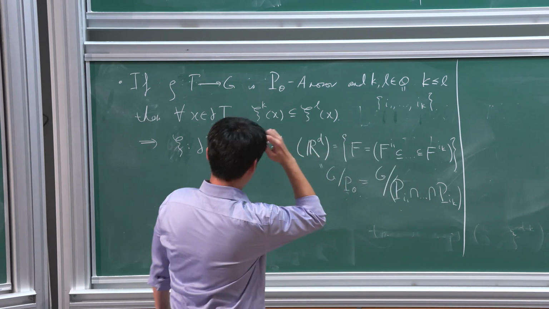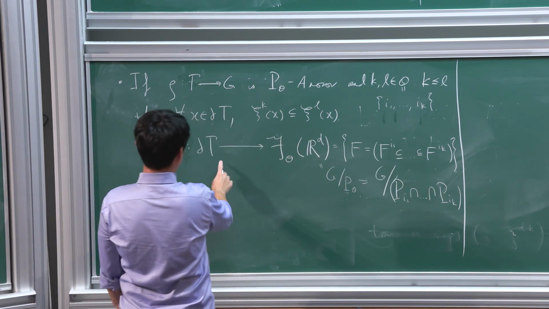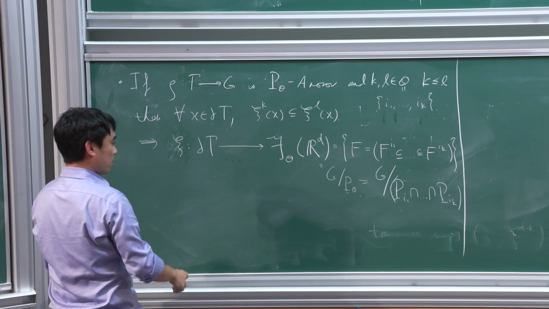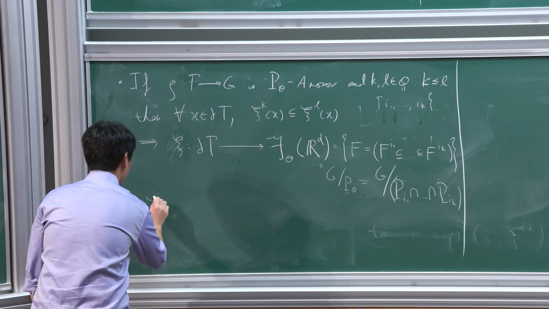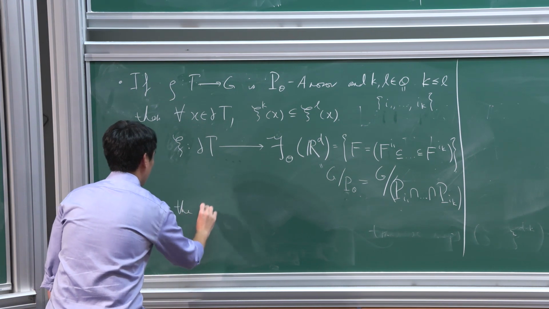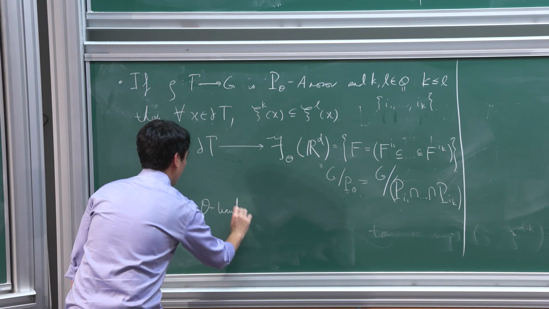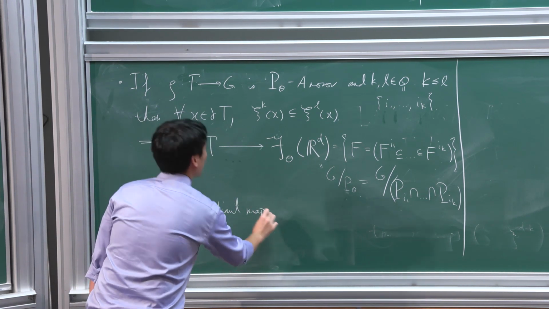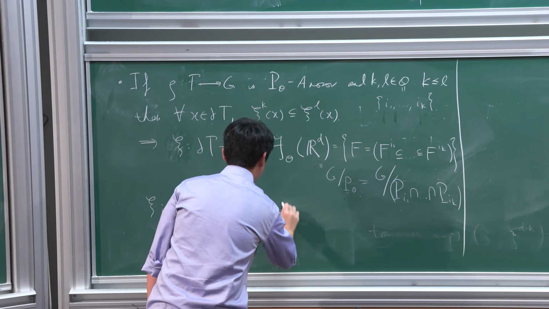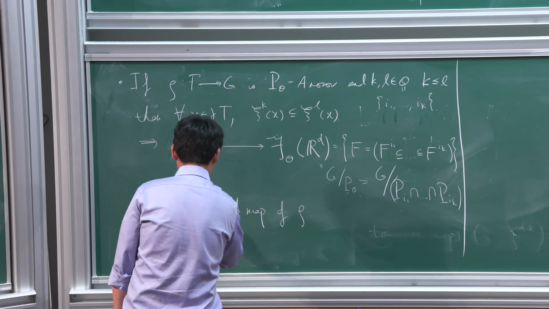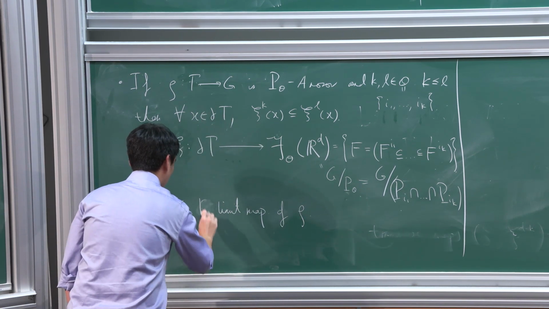Oh yeah, some terminology. This guy here is called the theta limit map of rho. Maybe P theta limit map, just to make it consistent.